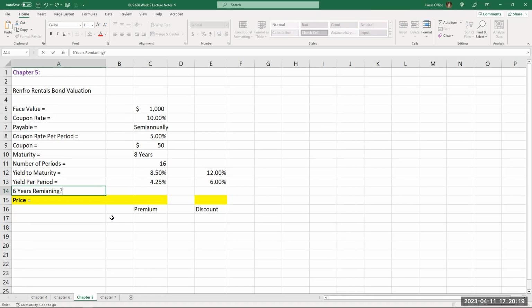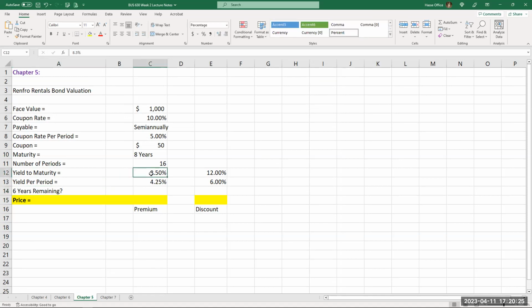And in this example, the yield to maturity on an annual basis is 8.5%, meaning since this is a semi-annual bond, the market says this bond has a coupon now in the market of 4.25%. But you're going to be selling this bond, and whoever's going to buy it from you is going to get 10%. That's why it's attractive in a lower interest rate market.